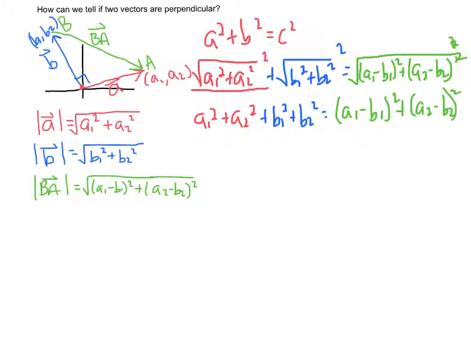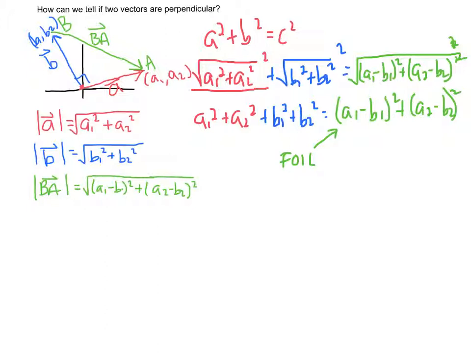Let's look at the green side a little bit here. I'm just going to leave this red and blue side alone. I'm going to FOIL this. If you're unfamiliar with foiling, it's just multiplying A1 minus B1 times itself. That's what the squaring means.